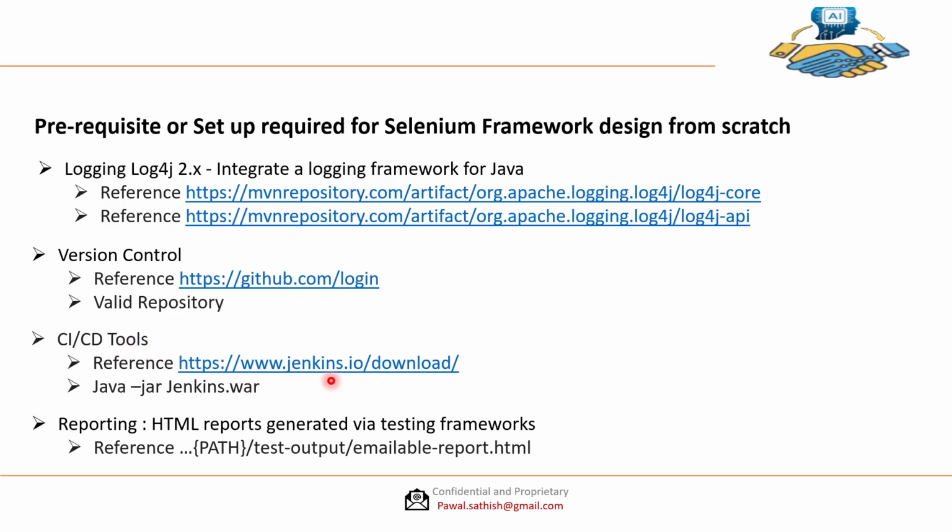We can install the latest Jenkins, and to start Jenkins we can use java -jar jenkins.war. We extract this war, and then Jenkins will be up and running. In nightly execution, we can kick off the pom.xml from GitHub to Jenkins. We will see all these details in upcoming videos.